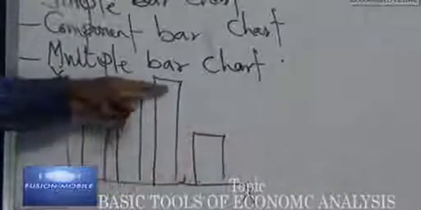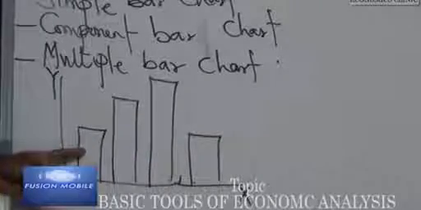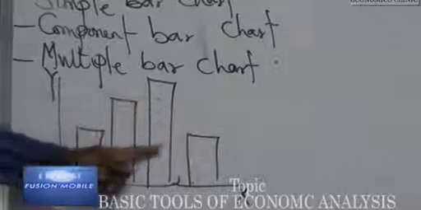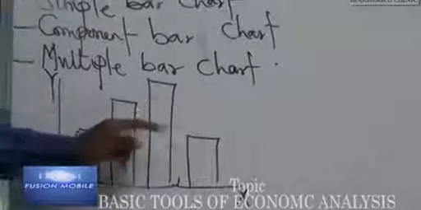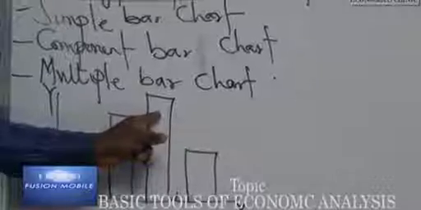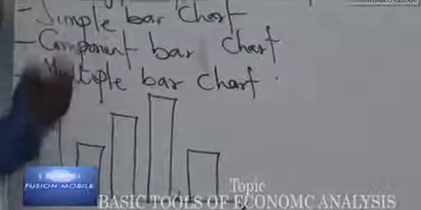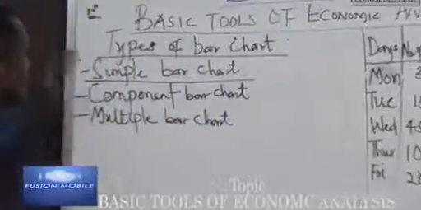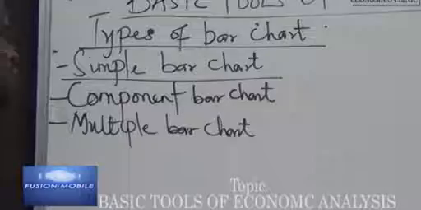You can see that this one is higher than this one, than this, and also than this. This is as a result of the information provided from the table that tells us that this one has larger quantities. Now we go to types of bar chart. They are simple bar charts, component bar charts, and multiple bar charts.